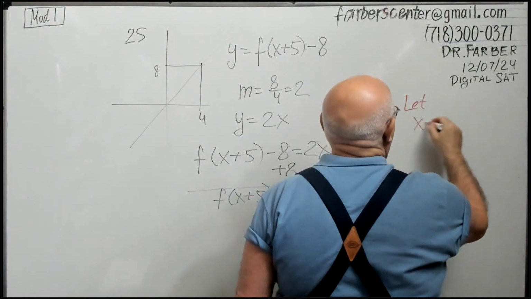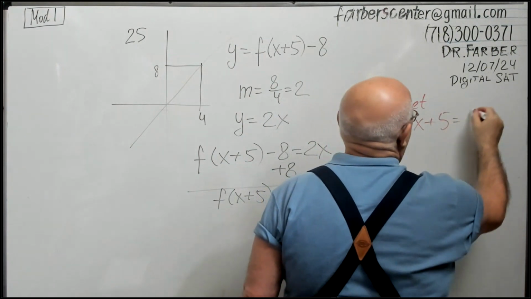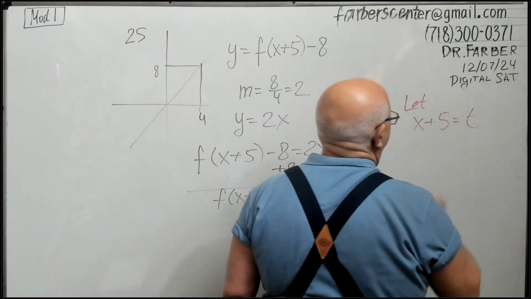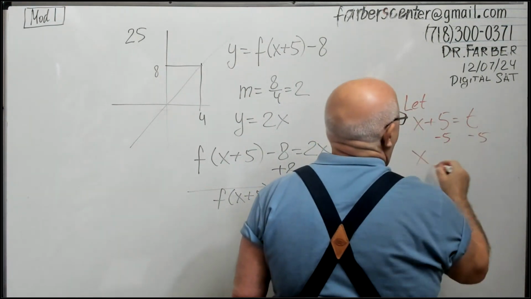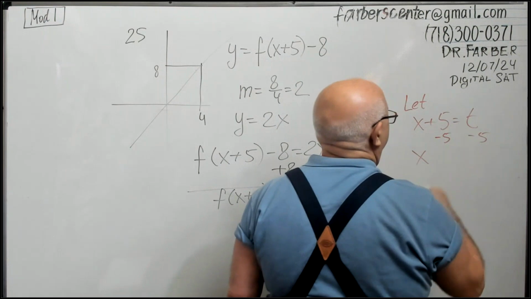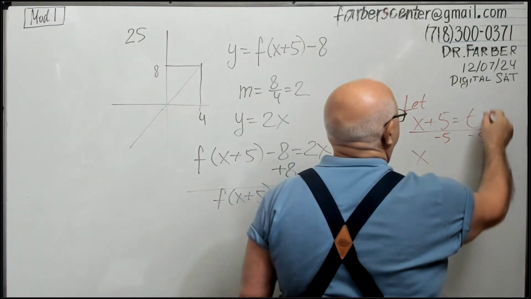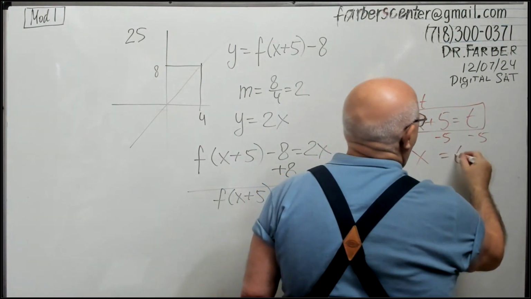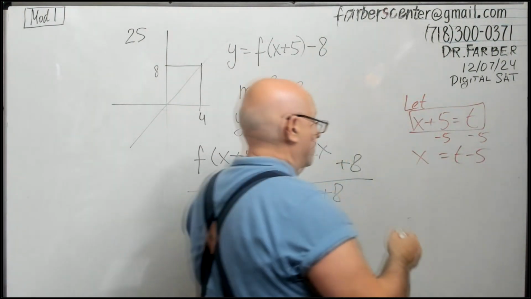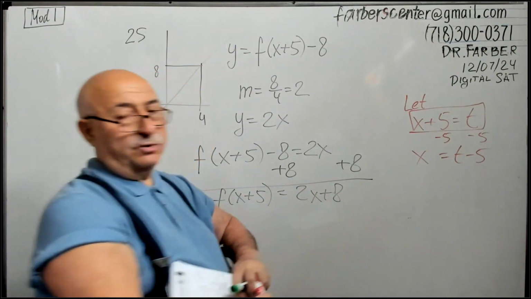Easy. I use red color deliberately. Let x plus 5 equal t. If you subtract 5 from both sides, x equals t minus 5. Make the substitution.